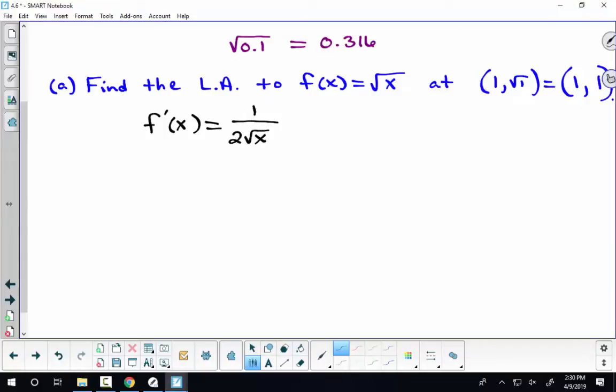All right, it seems most of you got the linear approximation, which is good. That's definitely the bulk of the work here. But there was some confusion on what we're plugging in. So let me just get this down.